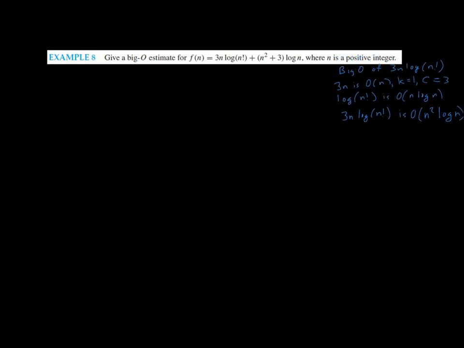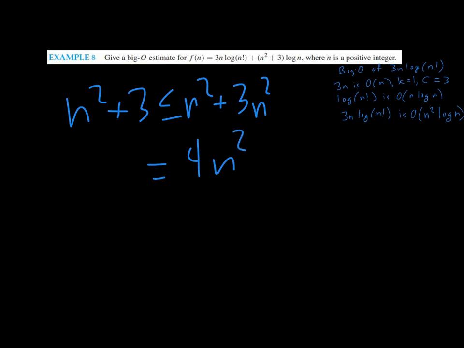Alright, now let's look at the second part. n squared plus 3 is less than or equal to n squared plus 3n squared, which is equal to 4n squared. So that means that n squared plus 3 is big O of n squared.